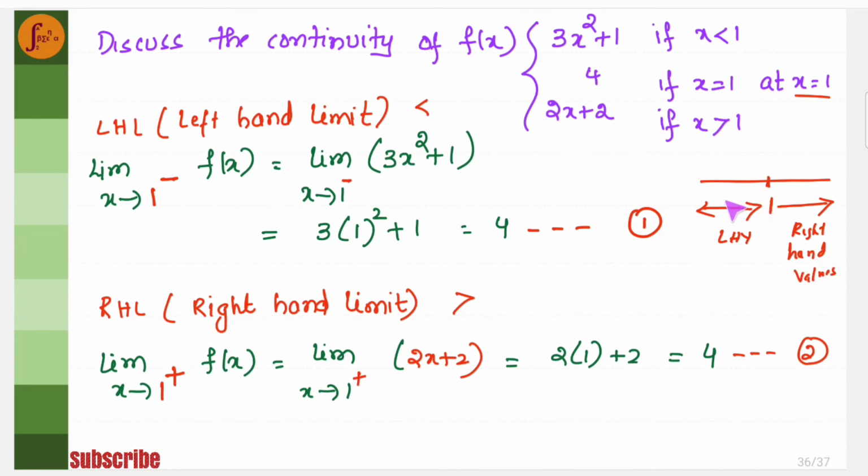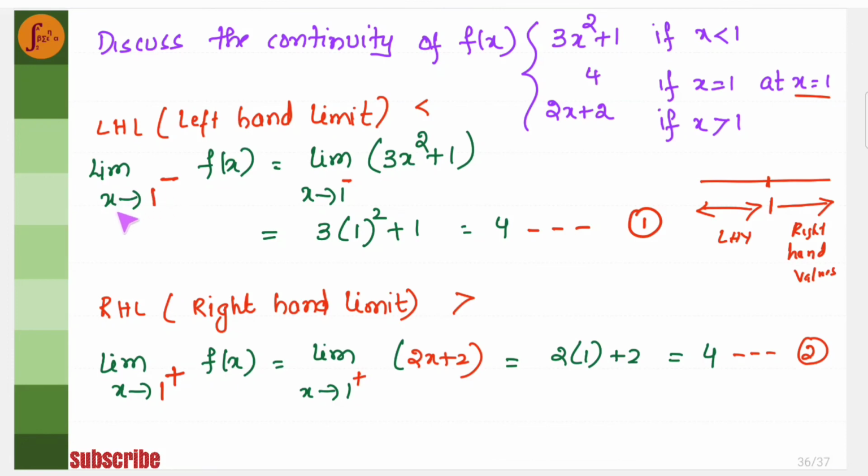So anything on the left hand side will be less than 1 here. That means it will be 1 minus something. It could be 0.99, 0.999, 0.9999, like that, right? So instead of specifying each of the values, we'll generically put 1 minus something.